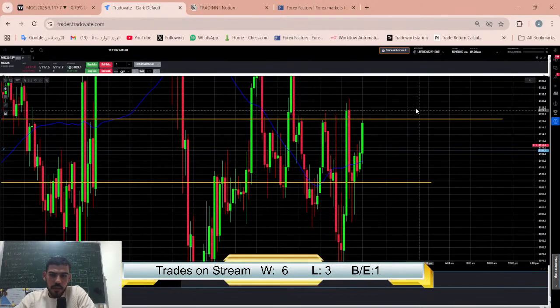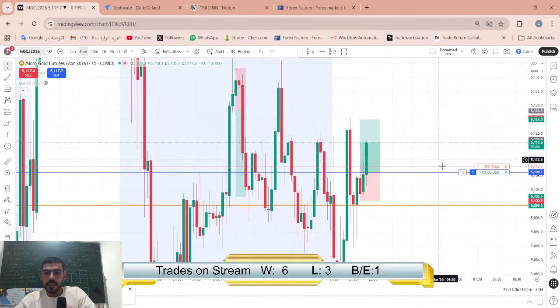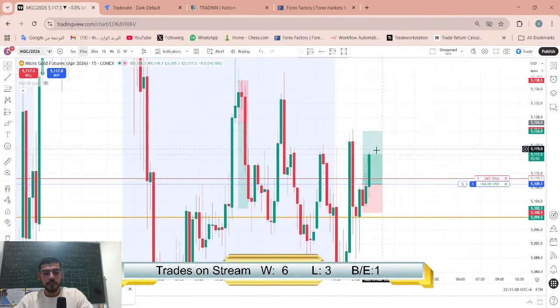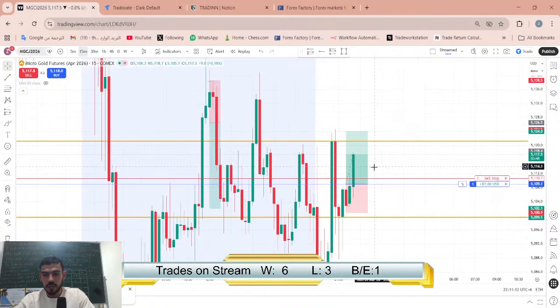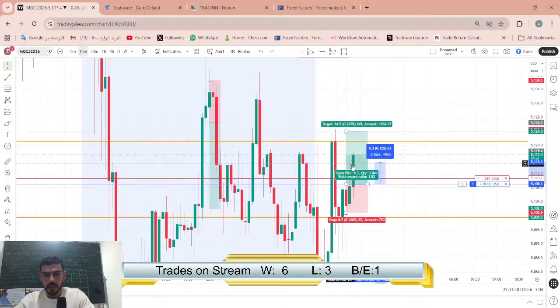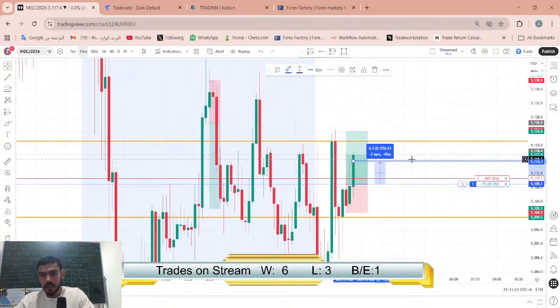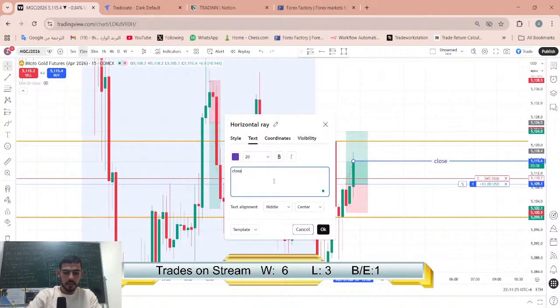Can this 15-minute candle close above? This is the real question. Could it close above? So I secured, I think, at 60 pips right here, or 70%. Closed 70%.